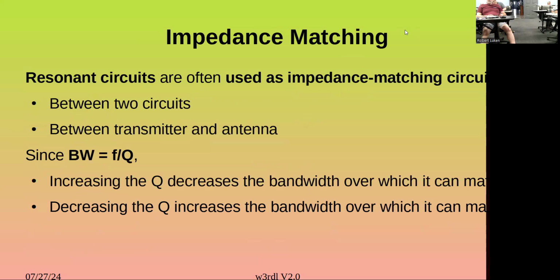So if you need to match your antenna to your transmitter, you can use a resonant circuit in there to do that match, where you can reduce your standing wave ratio and get the impedance of your transmitter, which is normally going to be 50 ohms, to better match the antenna, which may be anywhere from as low as 20 or so up to several hundred, depending on the antenna configuration.